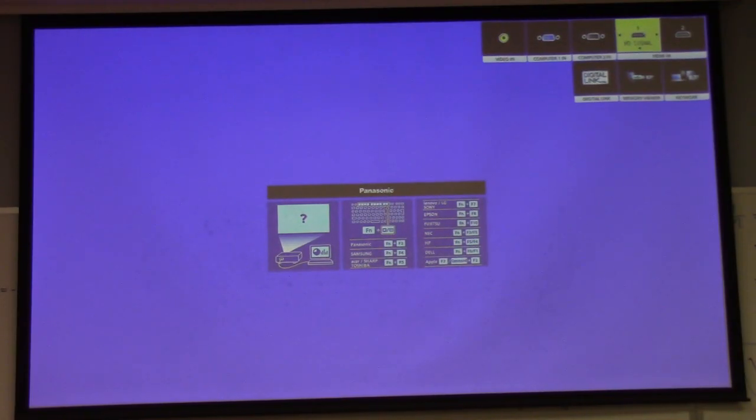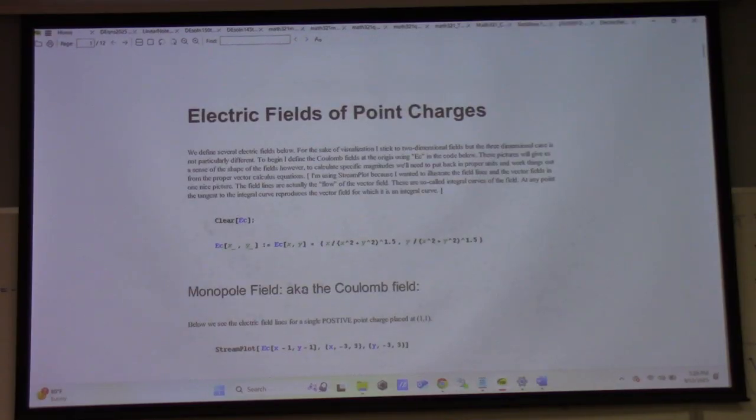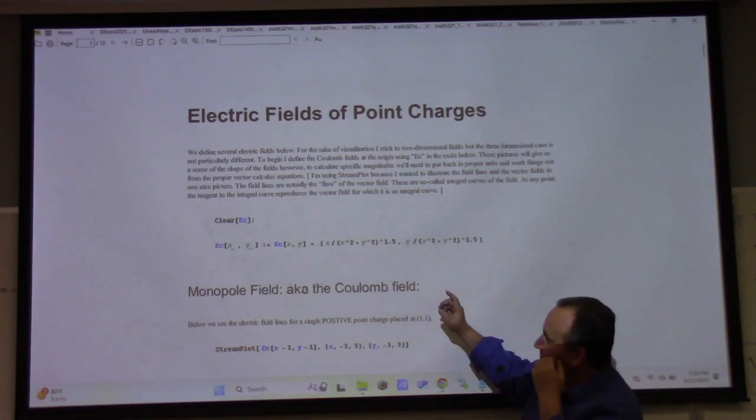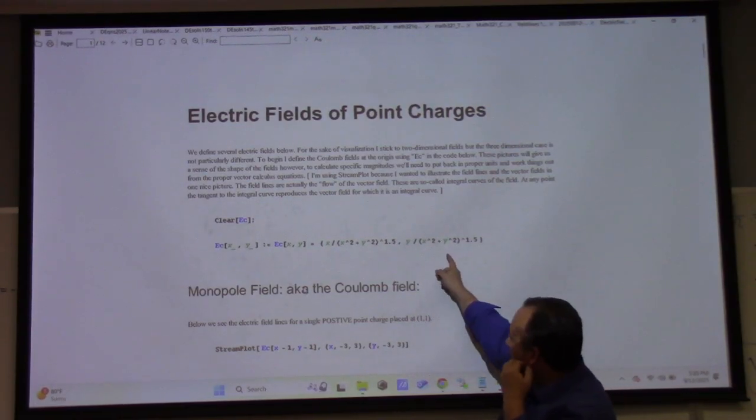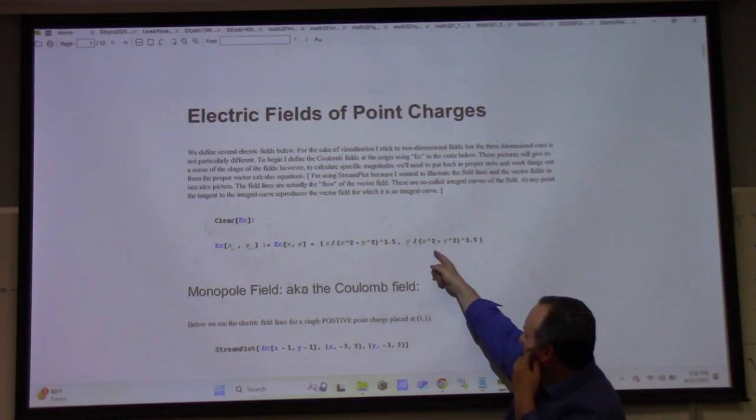Here we go. Back when I had enough patience to make Mathematica do stuff for me, I made this. This is my Coulomb field, the electric field.